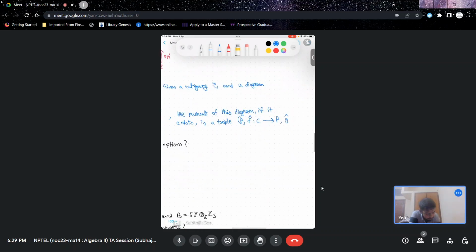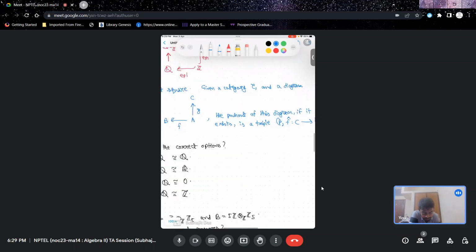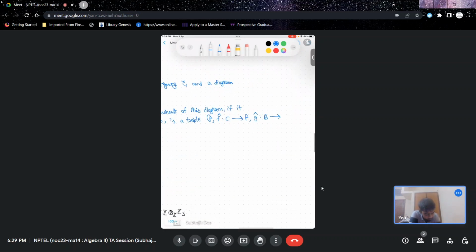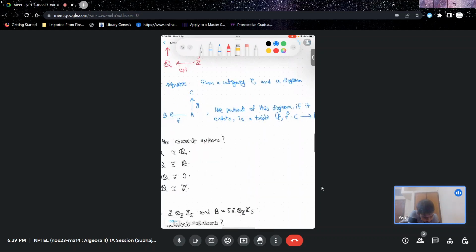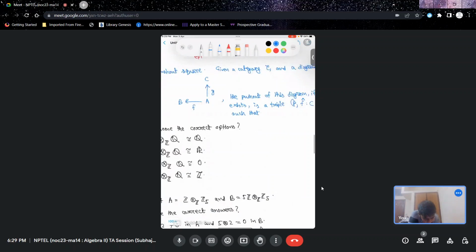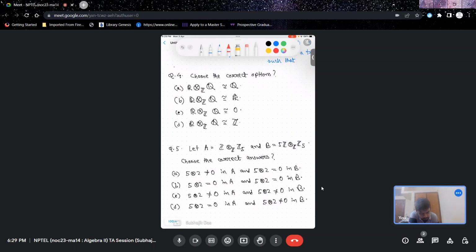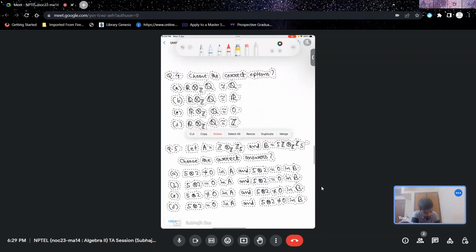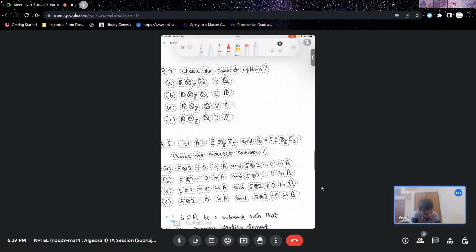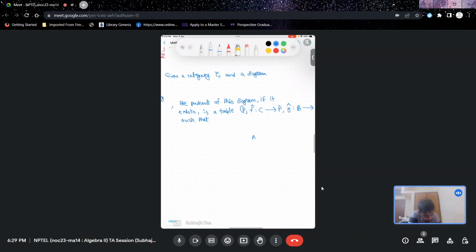And g hat is a morphism, that is an arrow, g hat is an arrow of B into P, such that the given square will commute, such that this square commutes.